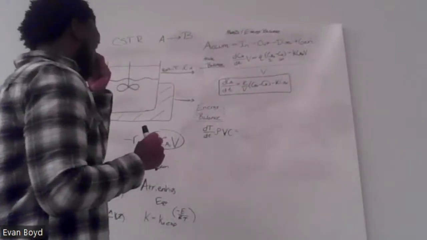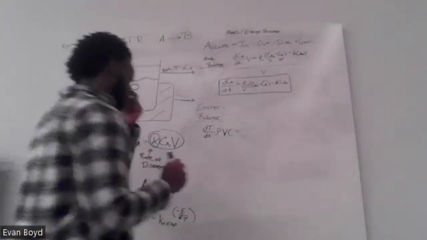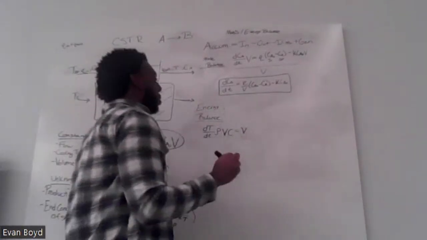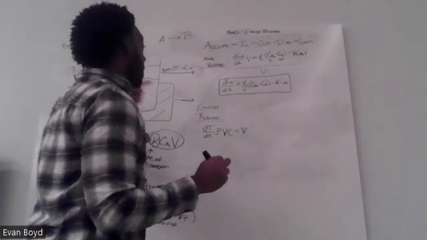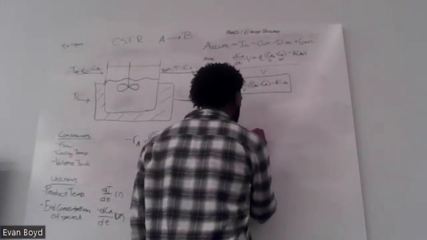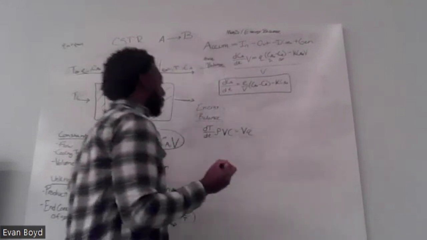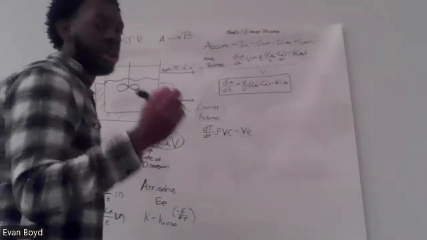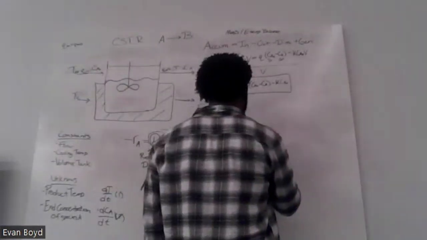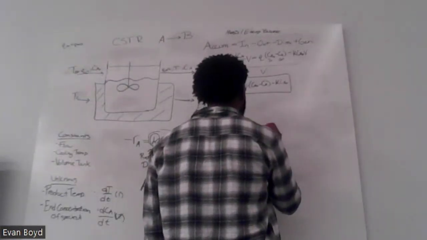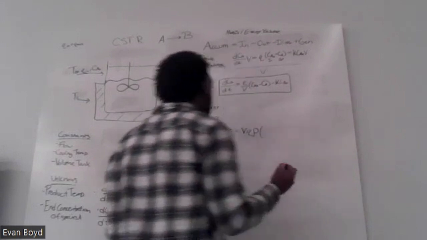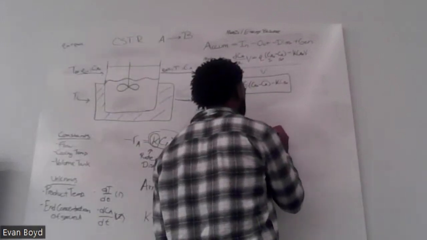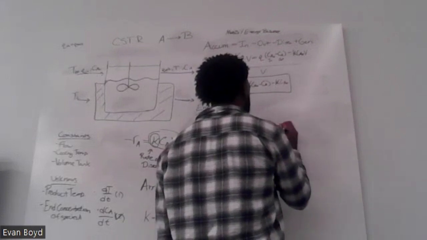For going in, we still need a volume. We still need the flow going into the system, Q, and we also need the density of the liquid. And then we'll represent this as T in, your initial temperature, minus our final temperature.